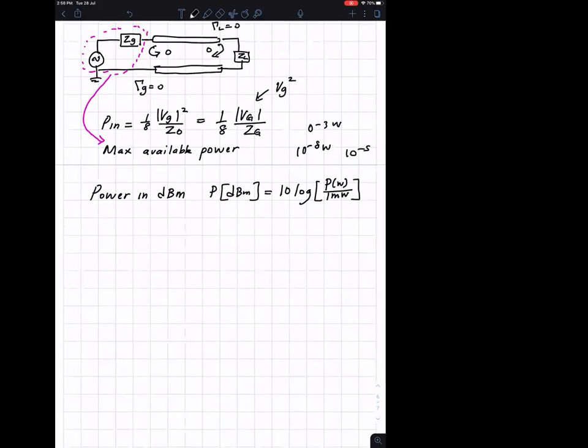So if somebody asks you in the interview, the power is 2 milliwatt, then you are asked to convert this to dBm. Okay, then all you do is 10 log P divided by 1 milliwatt.